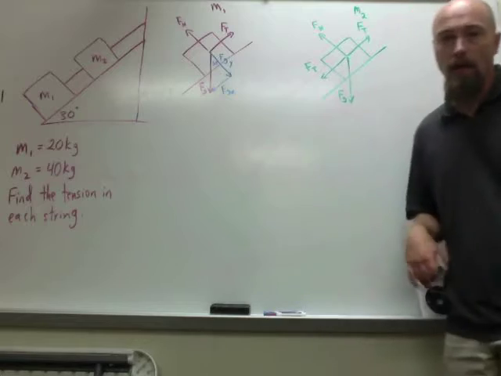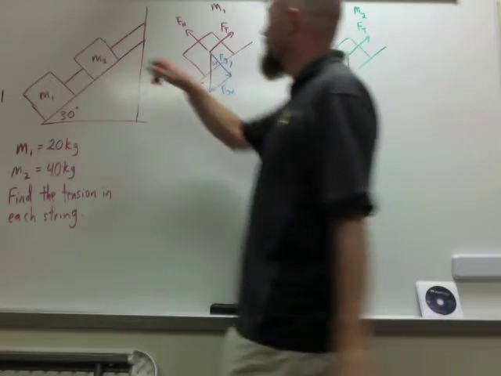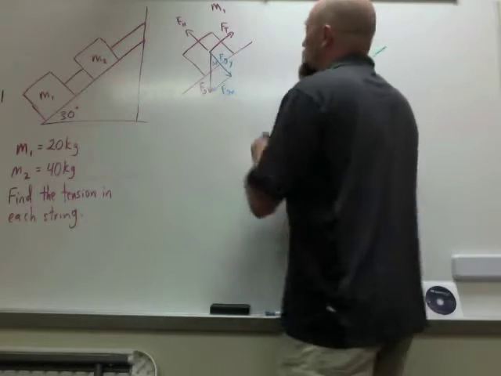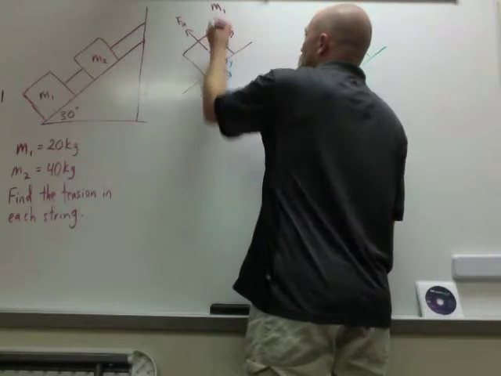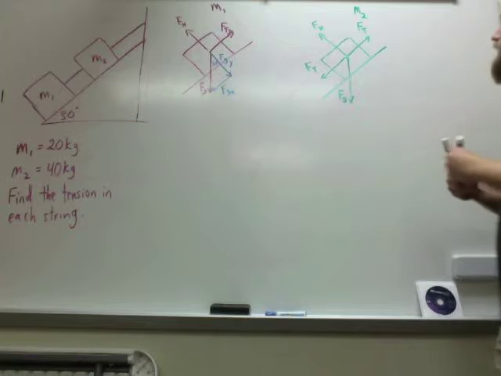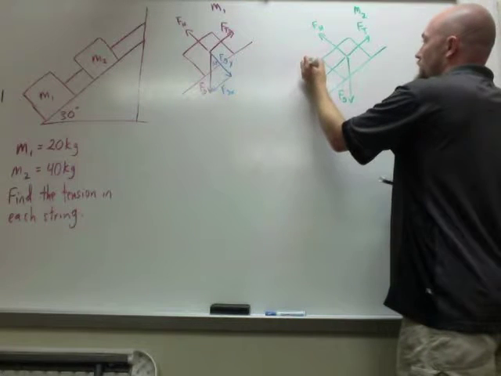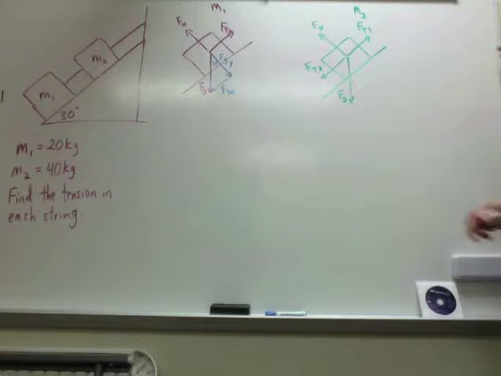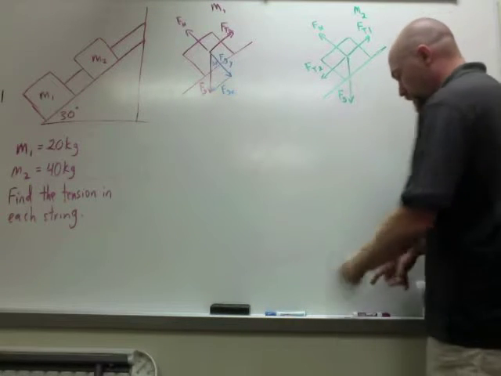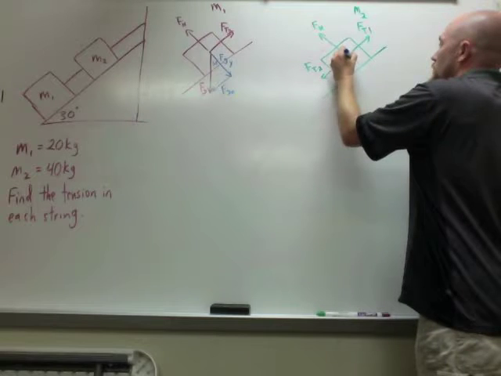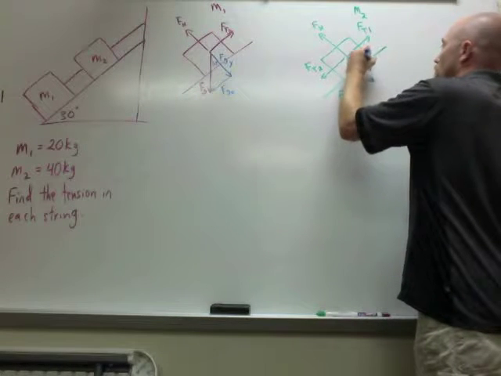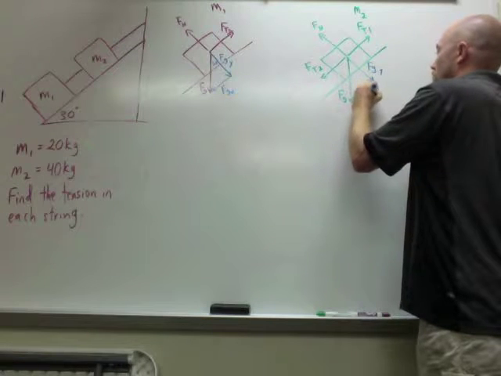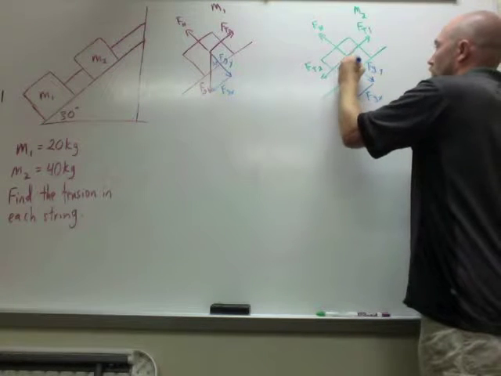So I'm going to call this string 1 and string 2, so that this would actually be FT2. So this one here is FT2, and this would be FT1. That's why I do have to make sure that they're different. I'm going to break my FG into its components again. So FGY goes perpendicular, and then FGX goes parallel. And again, 30 degrees in that top one right there.